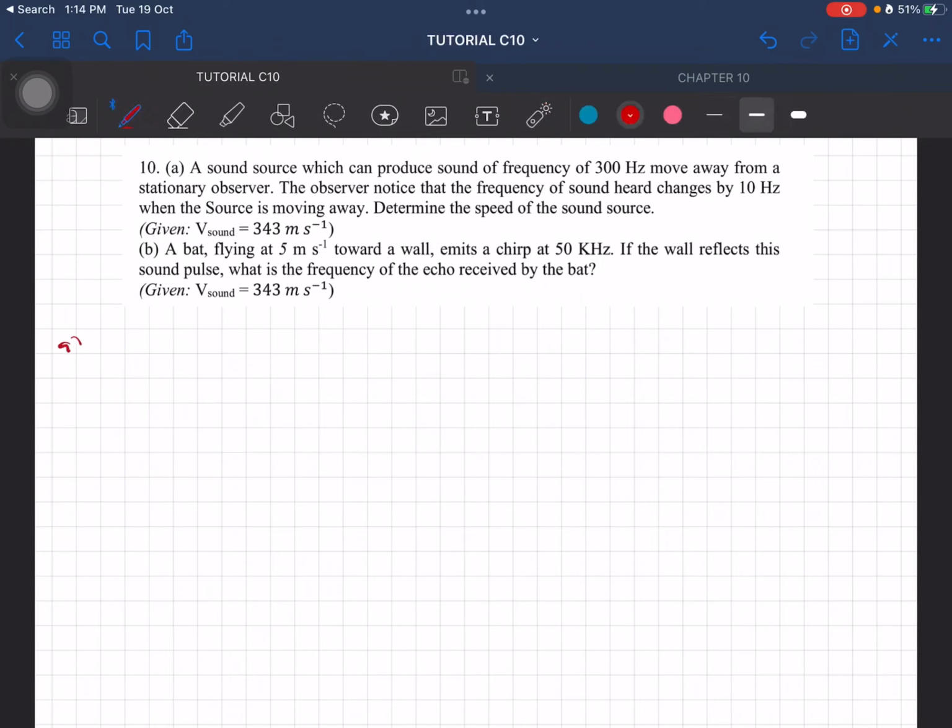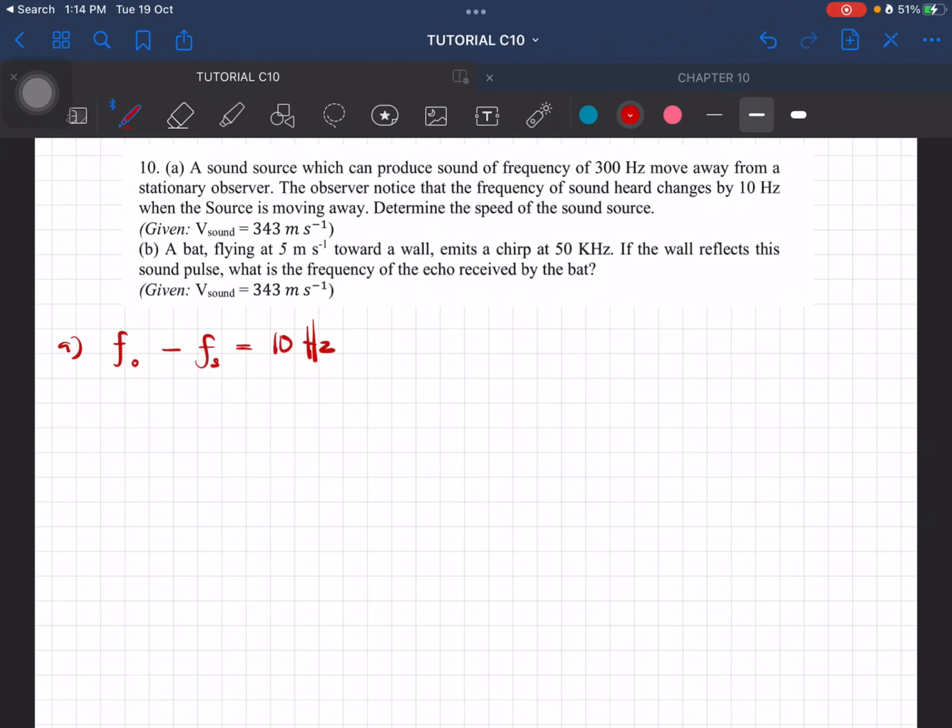Okay, so the frequency heard by the observer changes by 10 Hz, right? Changes by 10 Hz when the source is moving away.